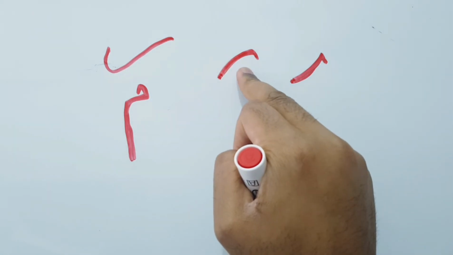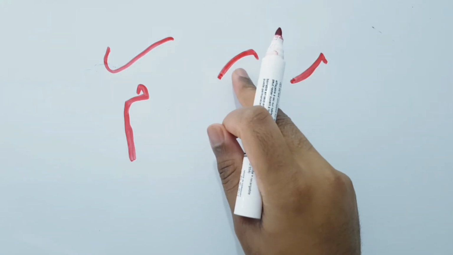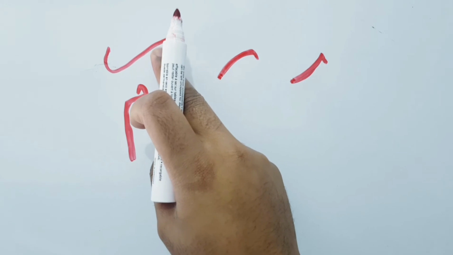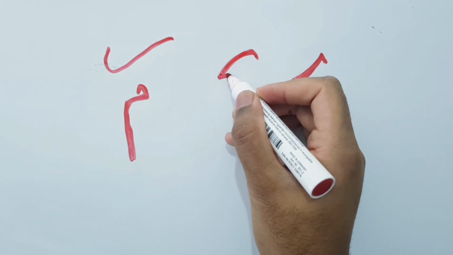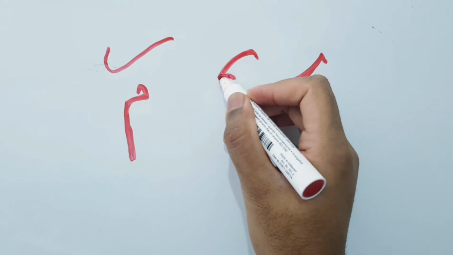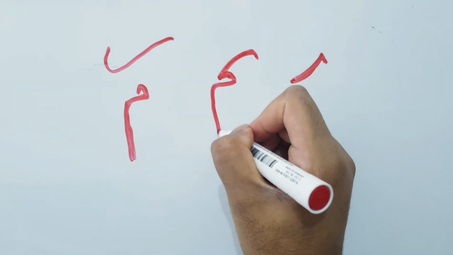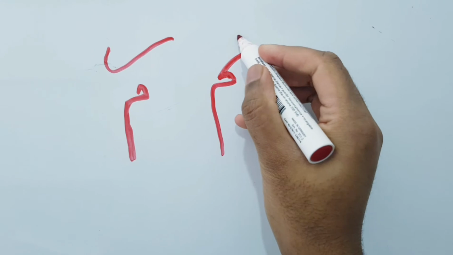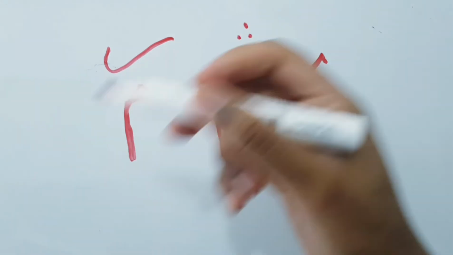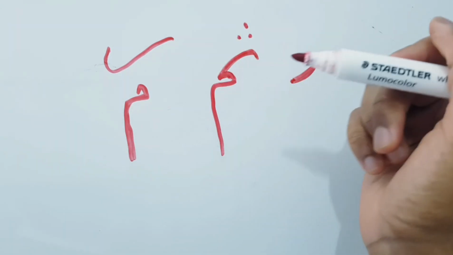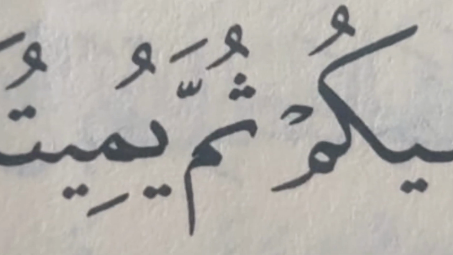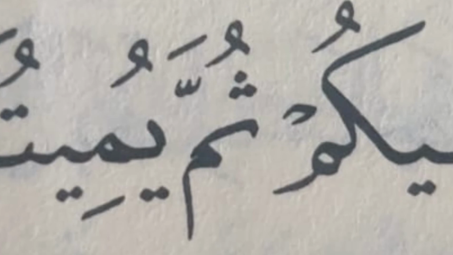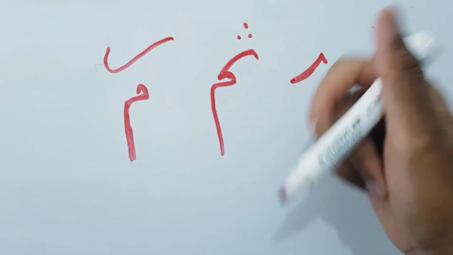So sometimes you might have it like this, and this can come not only with jim, ha, and kha, but it can also come with ra and za or meme. So with meme, for example, I would do this. So this may be tha and meme, or ya and meme, or ba and meme, noon and meme. Huruf al-khamsa generally when it comes at the beginning. Thumma, you could write it like this.